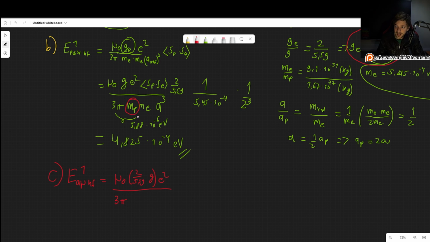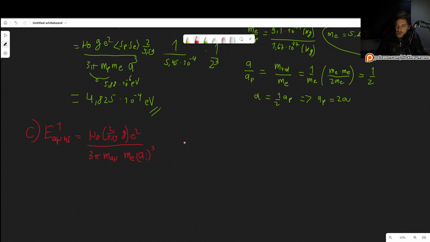Then we have the mass of the nucleus element, which is the mass of this anti-muon, of course the same mass as the muon, times the mass of the electron that is orbiting it, and then the new radius of the orbit. And of course the spin term, which will not change. Once again, same spin, all cool.